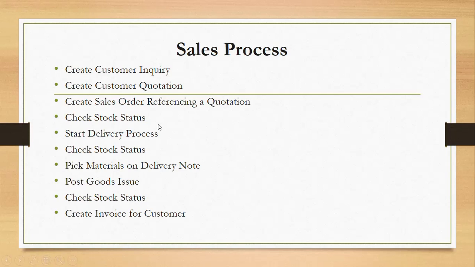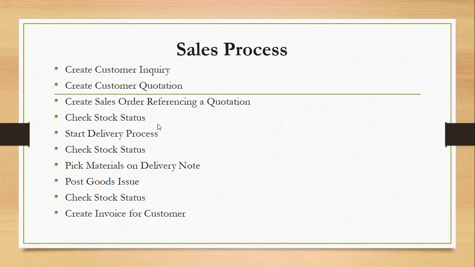Once you check the stock status, of course the products which I will be telling you to create, the company will have available in the store, so you can sell them, but I will tell you how to check the status. And then we will start the delivery process, meaning we will release the goods to the customer.